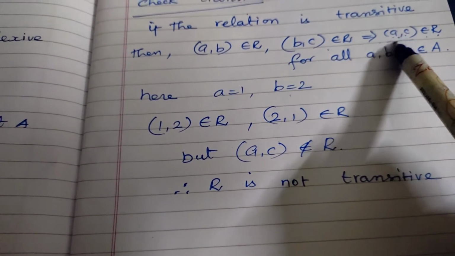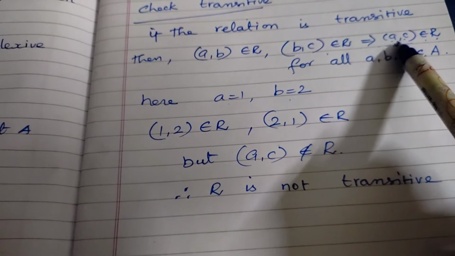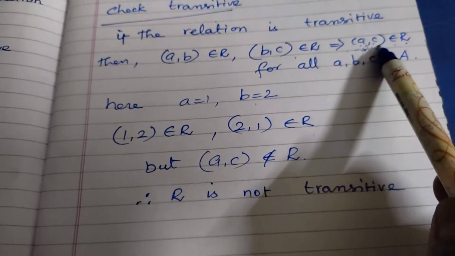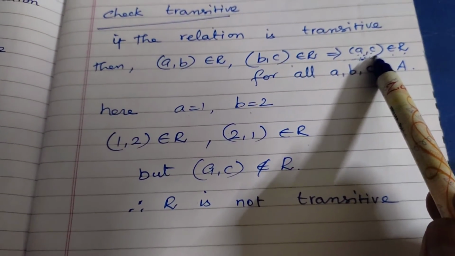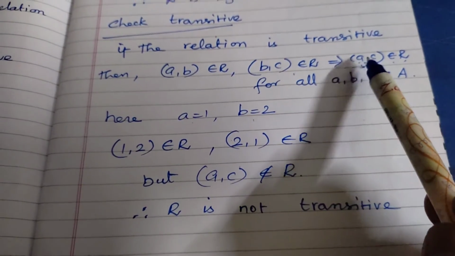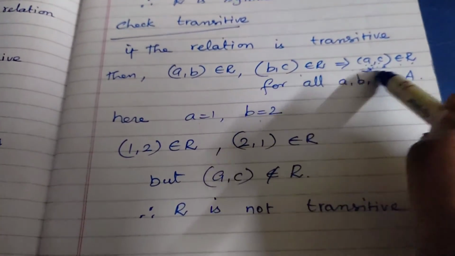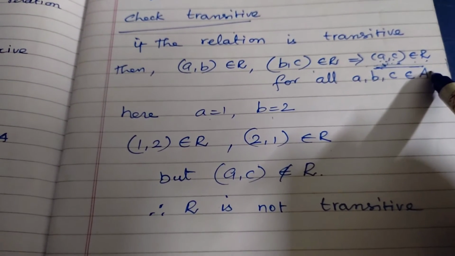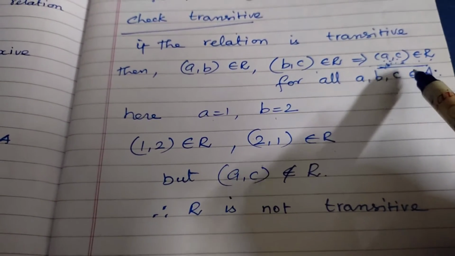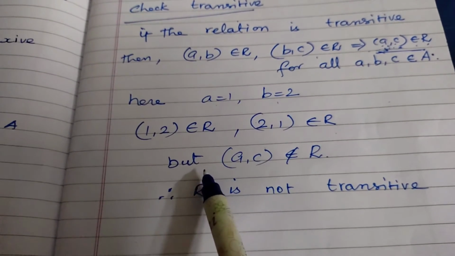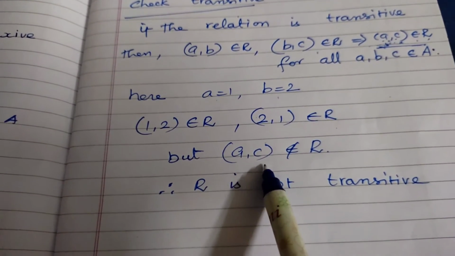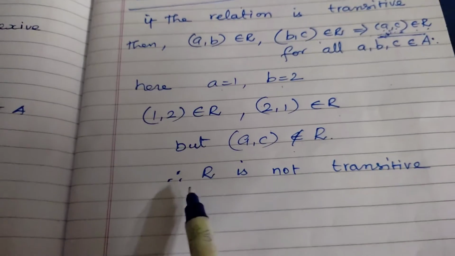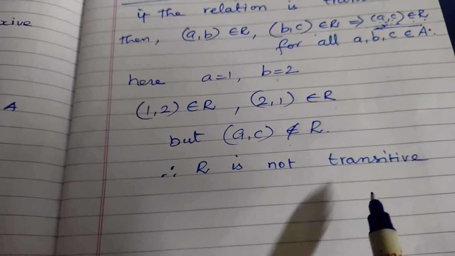We need to prove the third one, (a, c) belongs to R. But here we have 2 pairs only in the relation. Therefore, we can write (a, c) does not belong to R. Therefore, R is not transitive.